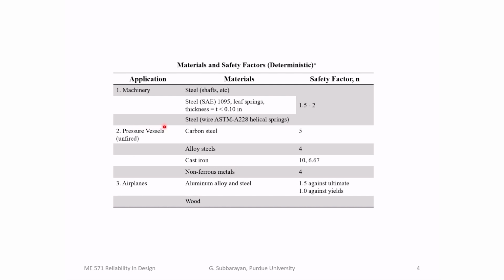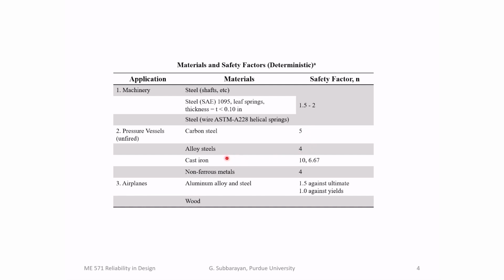If you take pressure vessels, carbon steel, safety factor is much higher because if the pressure vessel were to fracture, the risk to human life is significantly higher. So we want to design the pressure vessel much more conservatively with safety factors of 5.